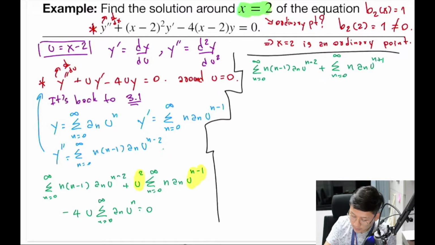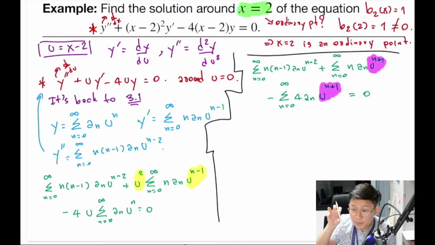The next term would be minus summation n from 0 to infinity 4 a_n u to the n plus 1 equals 0. As you can see, this is u to the n plus 1, this is u to the n plus 1, so I'll group them together.